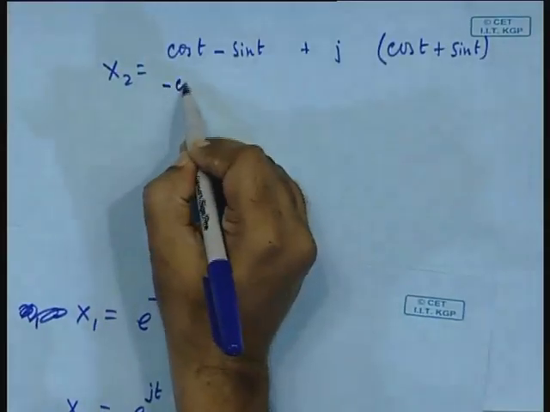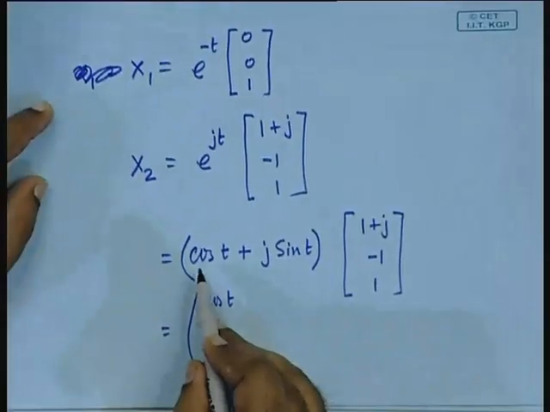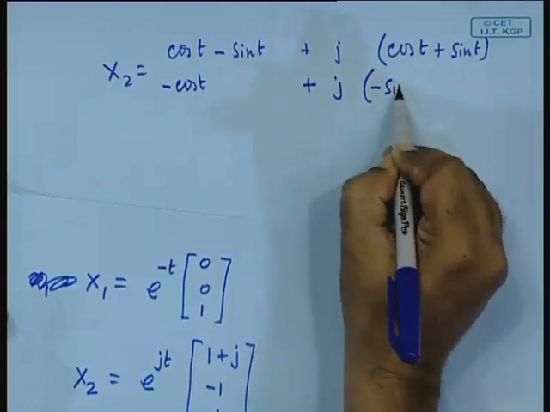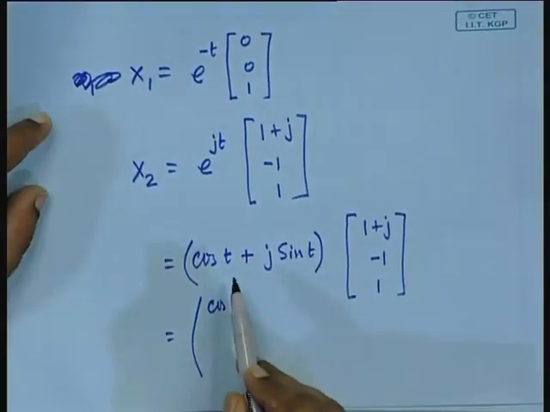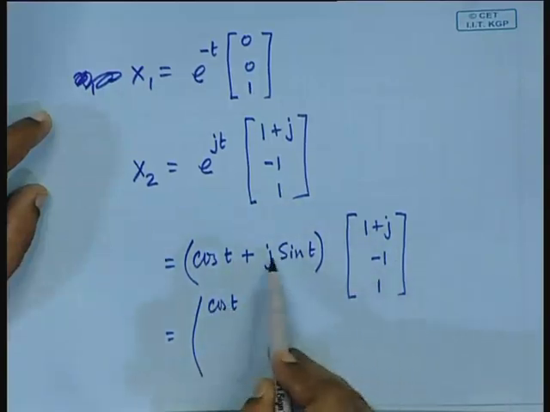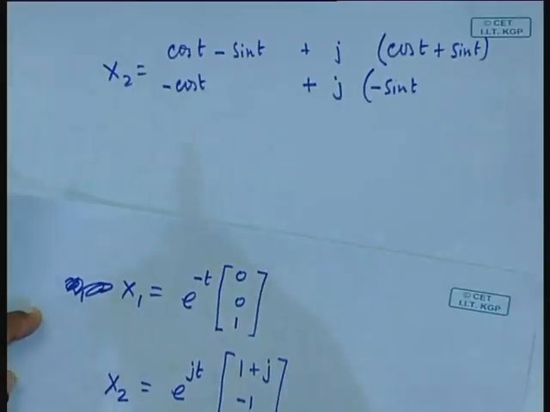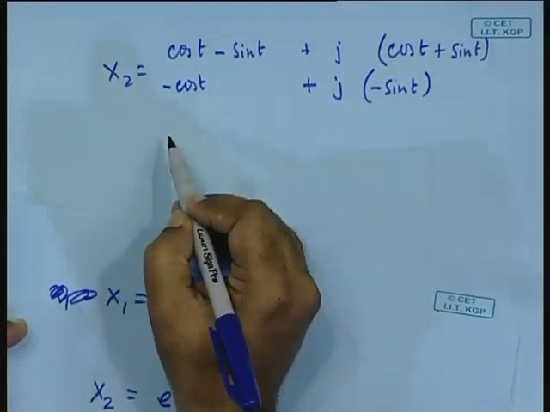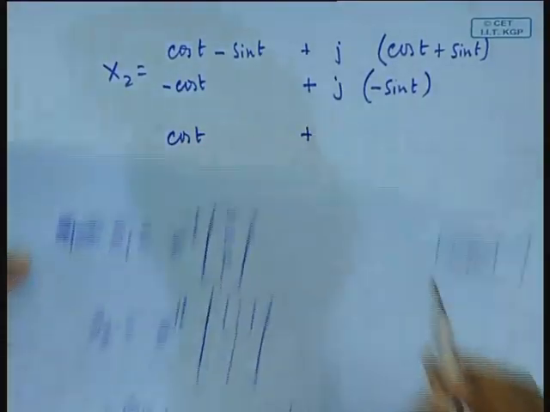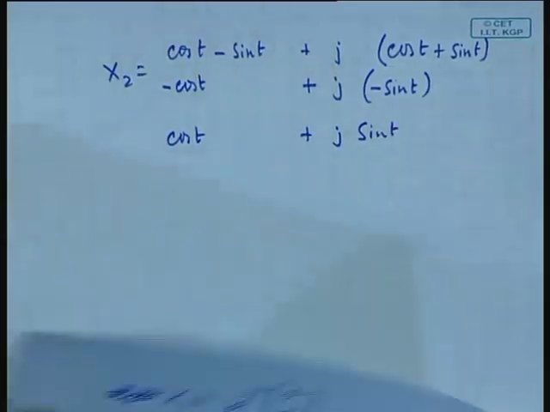So, minus cos t plus minus j, so j minus sin t. Then third one is cos t plus j sin t. Fine.